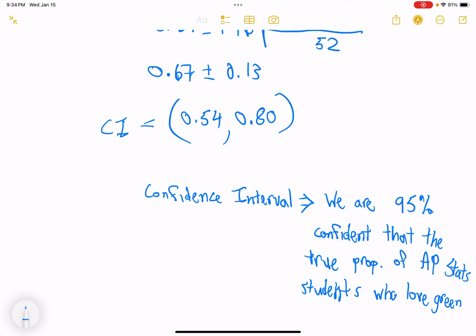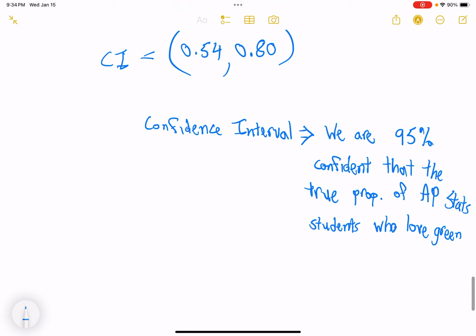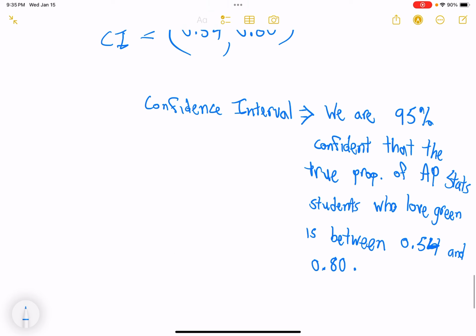Y'all, my handwriting is getting hideous here. Let's fix that. How about we clean up the act, Mr. Mays? Who love green is between 0.54 and 0.80.